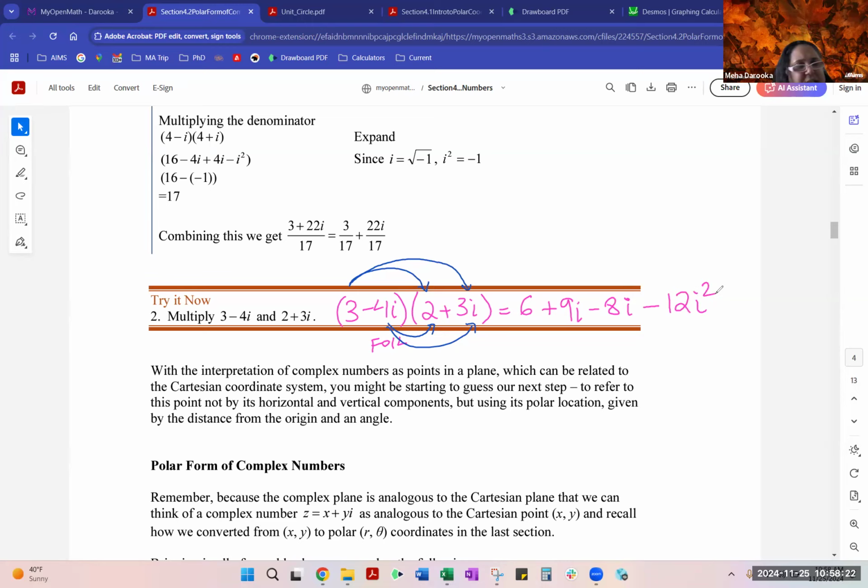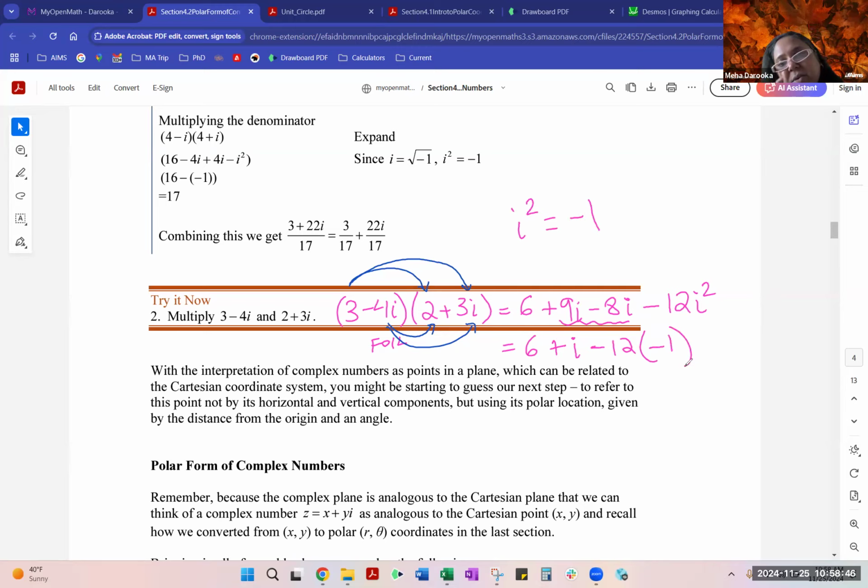All right, Phoenix, Janice, I see your answers in there. So 6 plus, well, I'm actually going to go ahead and combine these two here. So 9i minus 8i will, of course, become 1i, right? 9 minus 8 is 1. And then over here, minus 12. Again, remember, you have to use that conversion. i squared is negative 1.